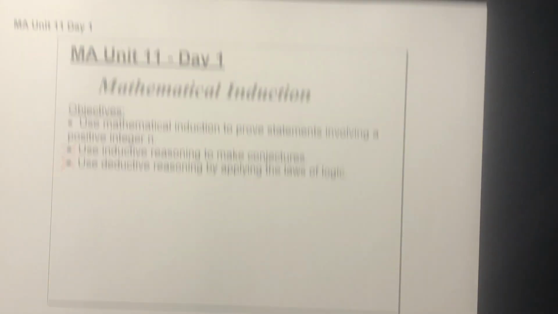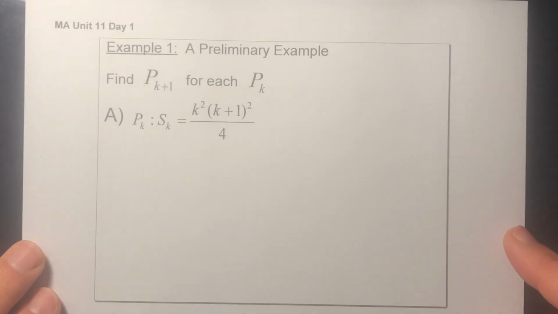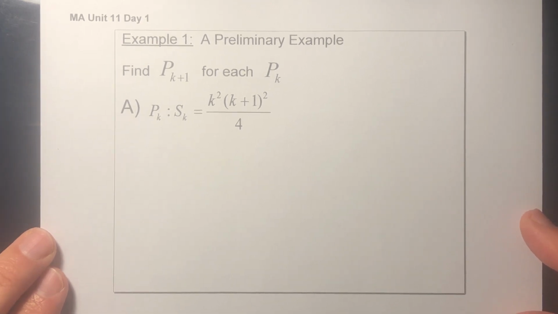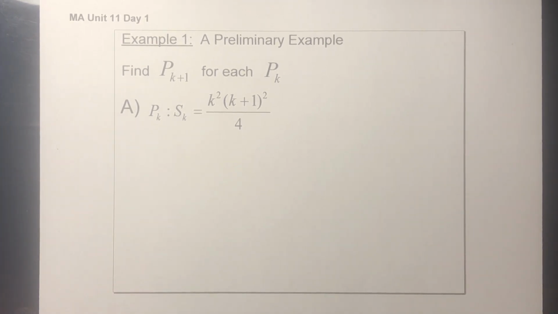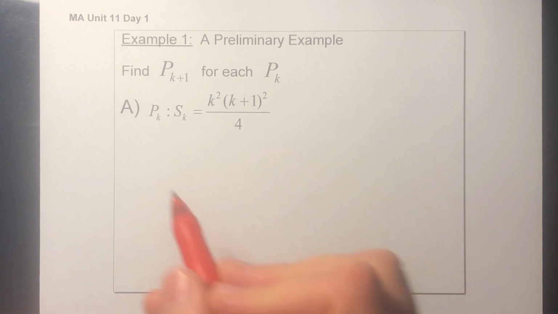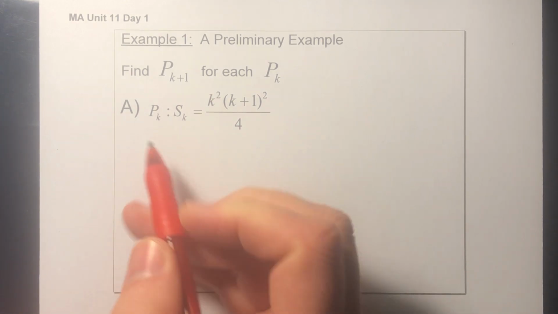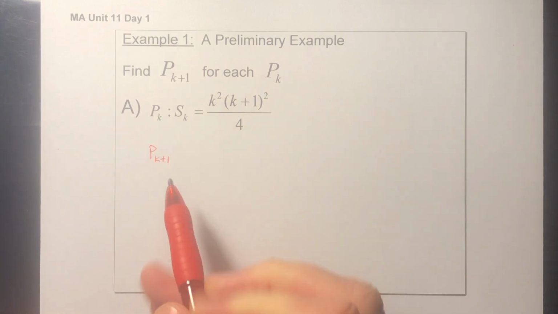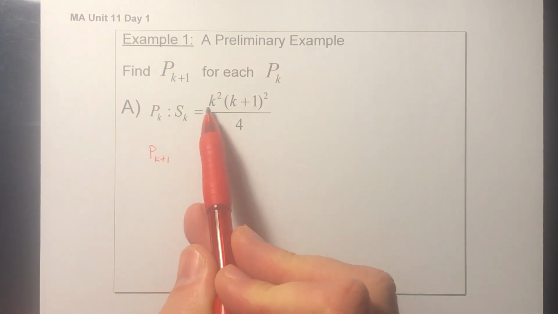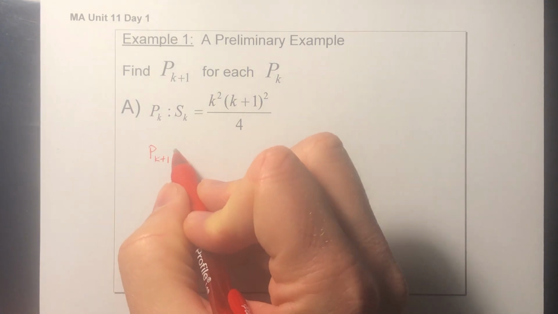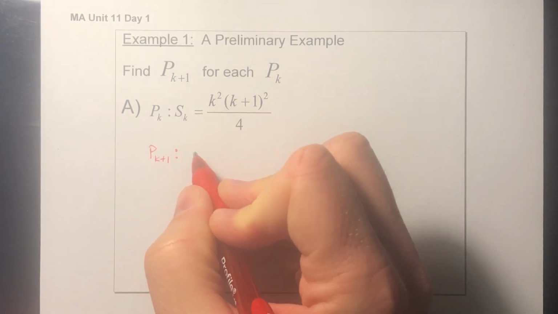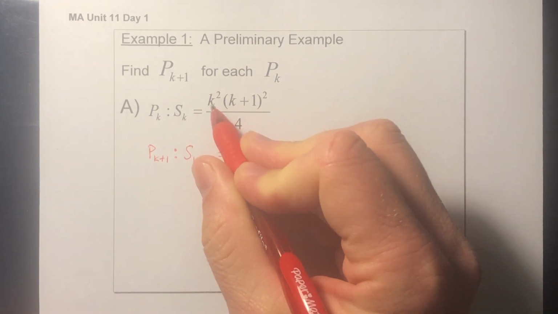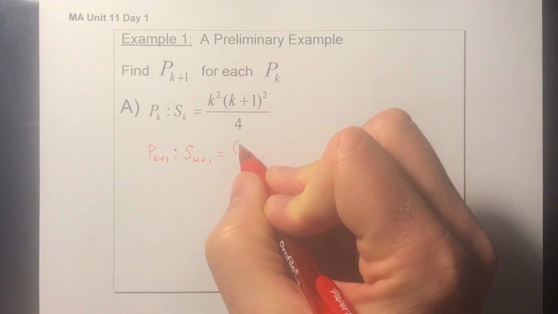Okay, all right, so here are some preliminary examples. Make sure that's lined up. So we want to find p sub k plus 1. So here's our p sub k. So we're just going to write p sub k plus 1. What we're going to do is replace each k with k plus 1. So just be careful here with this k. We're going to put it in parentheses.